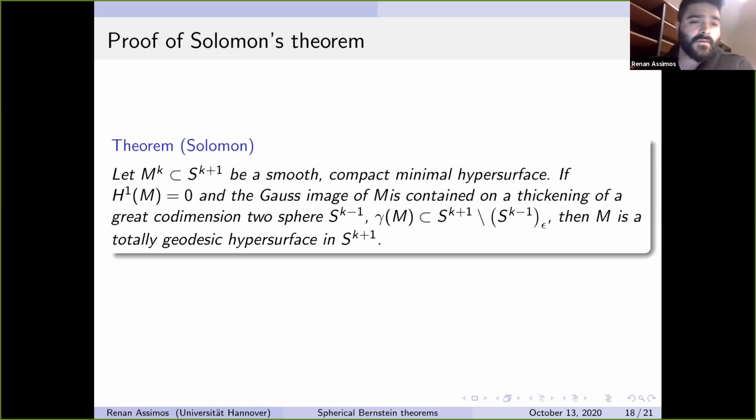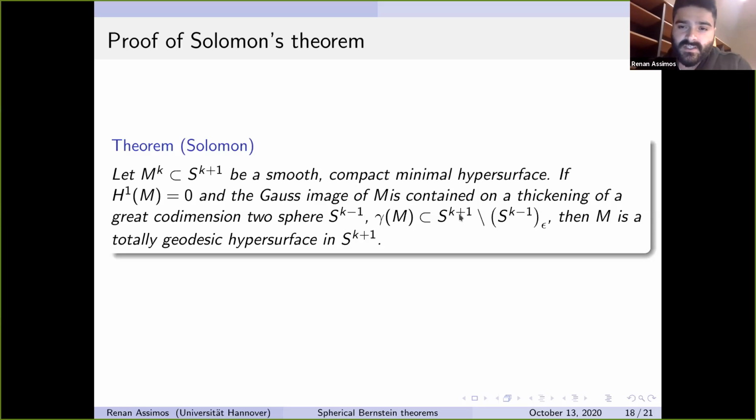We are looking now at a k-dimensional compact minimal hypersurface M of the sphere S^(k+1), okay? And we assume that H1 of M equals 0, and the Gauss image of M is contained in a thickening of a great codimension 2 sphere S^(k-1).